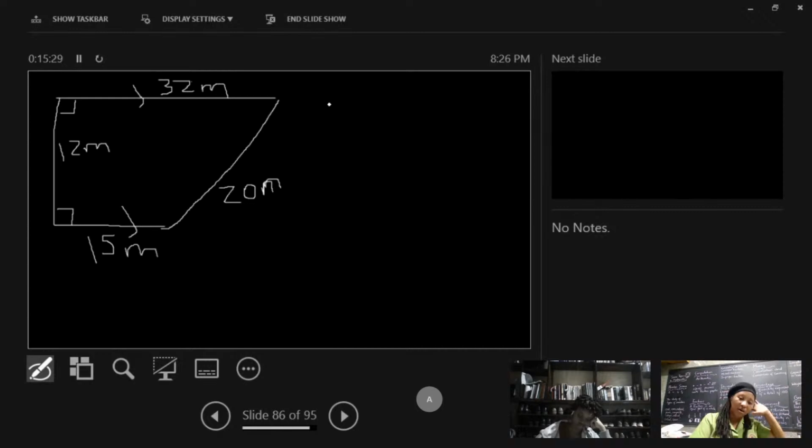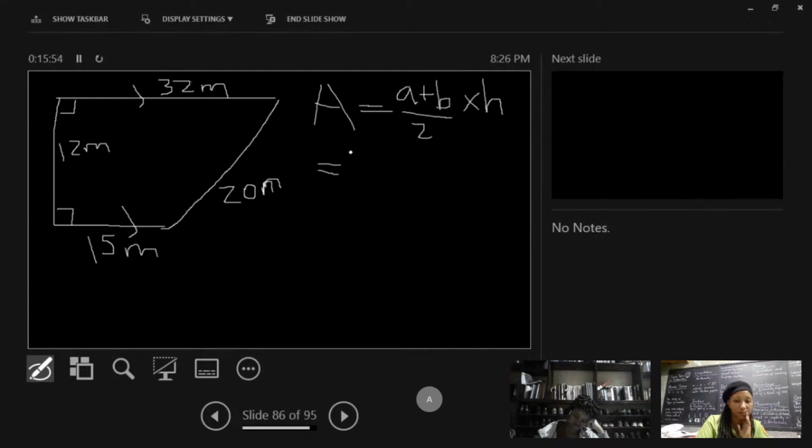So Asar, how would you find the area of this trapezium? The area will be equal to A plus B over 2 times the height. All right, so we always want to write our formula and then we plug in. So what would that be then?